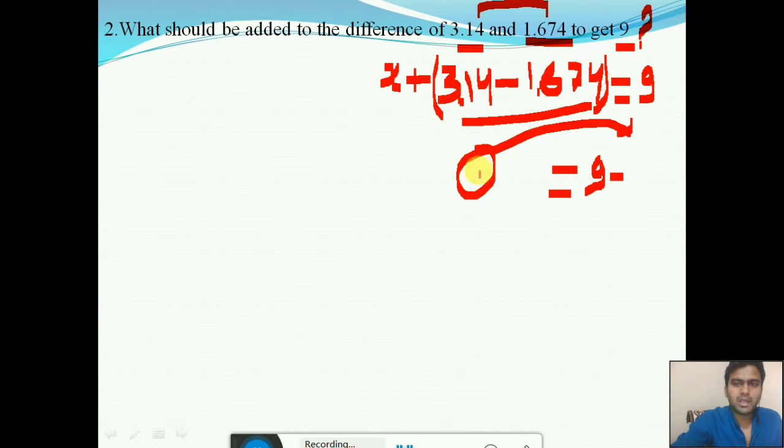So first we have to find the difference of 3.14 and 1.674, and then whatever answer we get, we subtract it from 9. Now we will see the solution of this.